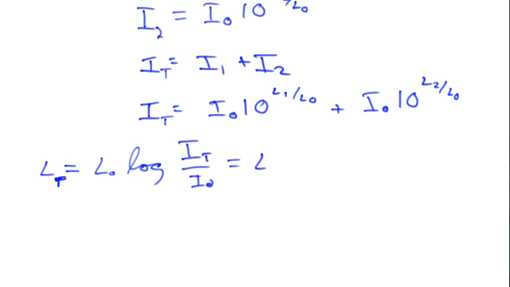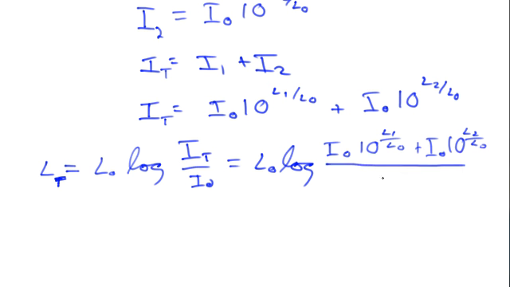So that's equal to L0 times the log of I0 times 10 to the L1 over L0 plus I0 times 10 to the L2 over L0, all divided by I0.